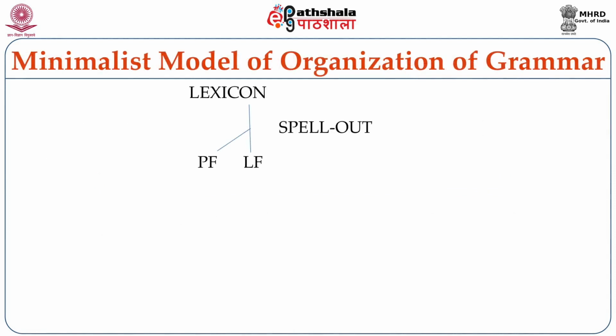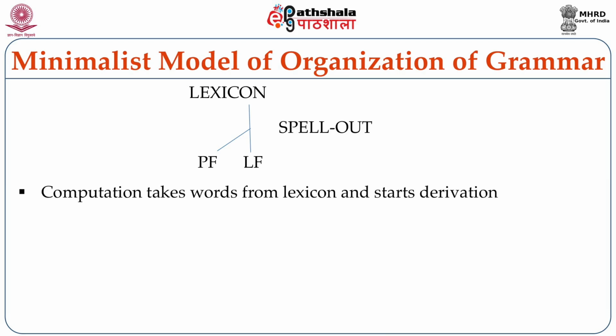Now, after seeing all this data, we come to the minimalist model of organization of grammar. The organization is in front of you, where you have lexicon, spell out, PF and LF. Computation takes words from the lexicon and starts the derivation.